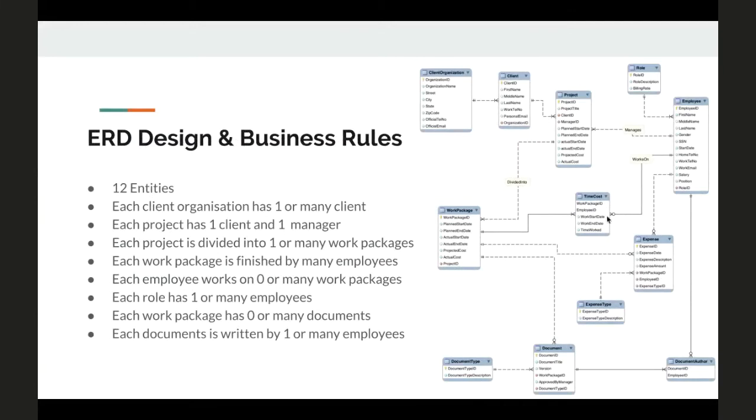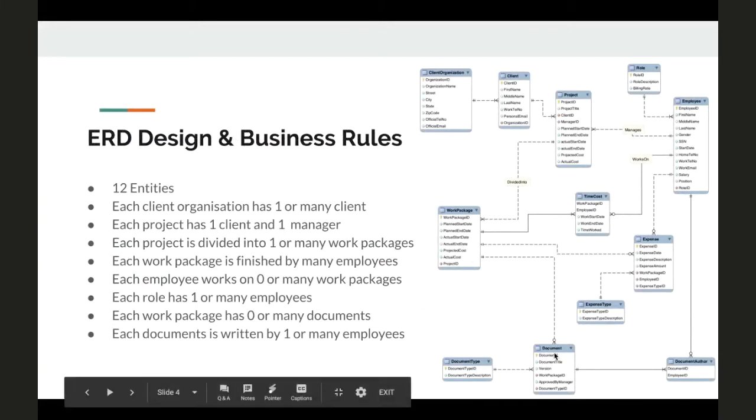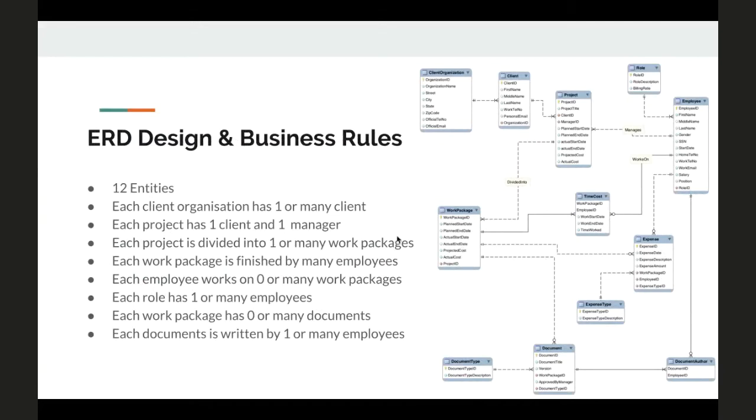By tracking the time of each employee working on the work package and the expense they spend on each work package, we can calculate the total reward of each employee. And for each work package, we have many documents, and each document is read by many employees. So this is the total design of our entity relationship design.